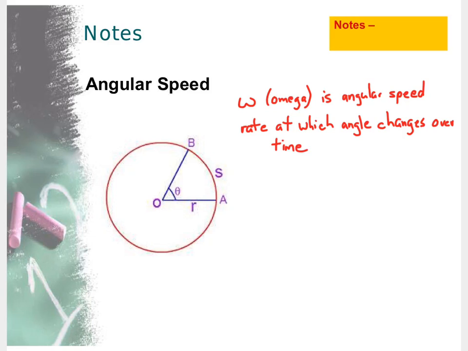So if I change my angular displacement or my angular position by some value delta theta, which means change in theta, and I do that over some time, delta t, then the result that I get when I divide those two is my angular speed, omega.